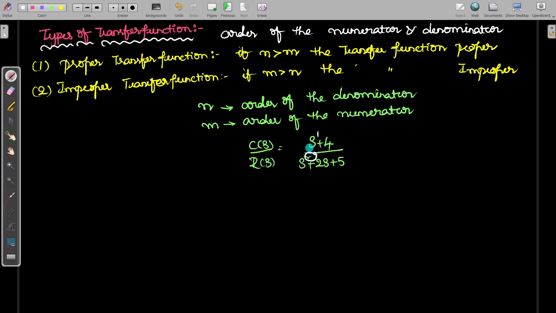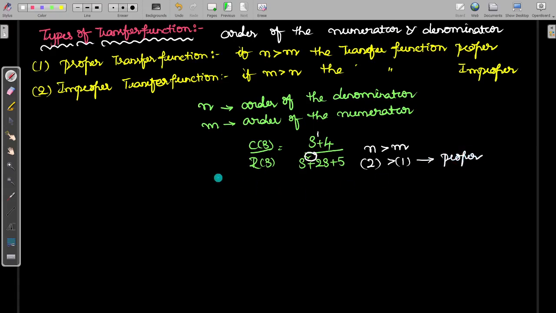The order of the numerator is 1. That means n is greater than m, where n is 2 in this case, the denominator order, and m is the numerator order, so n will be greater.